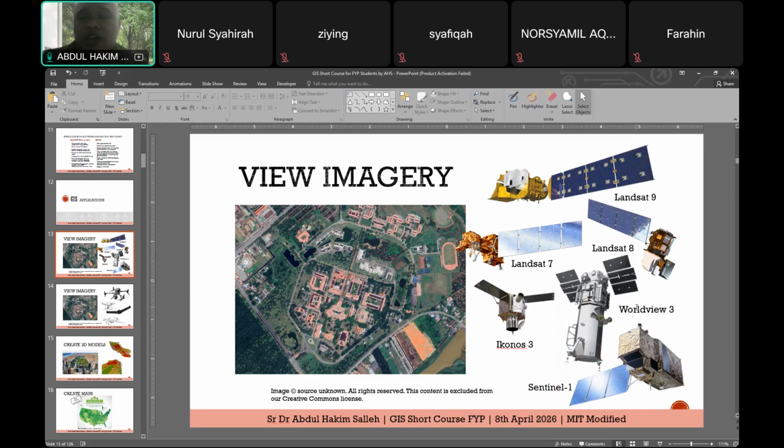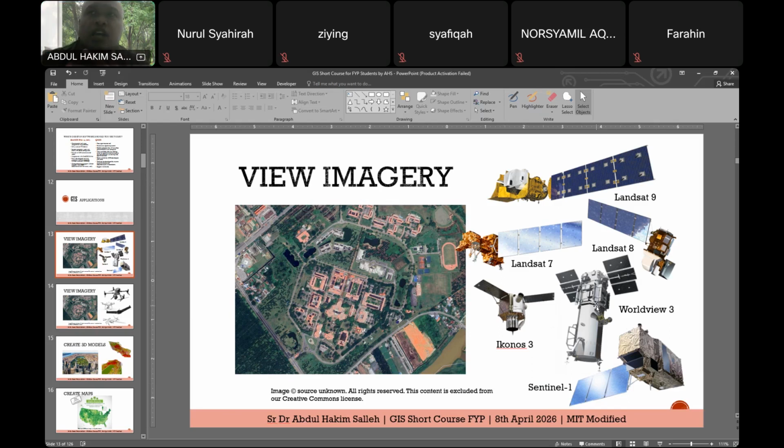Okay, and then the most powerful nowadays is WorldView-3 here. It can provide you up to 0.6 meters. There is one more I have recently read, just last week, if I'm not mistaken. A new one, 0.4 meters.